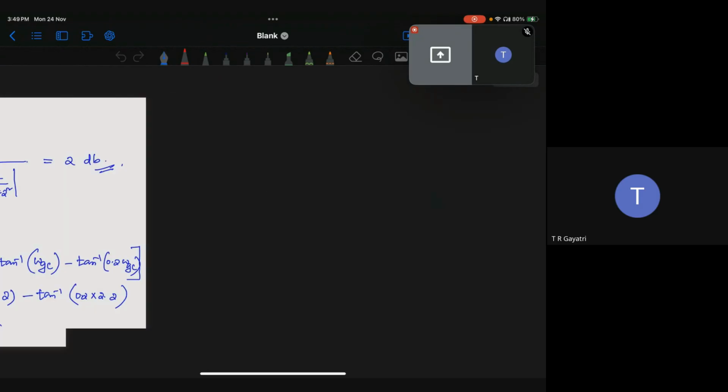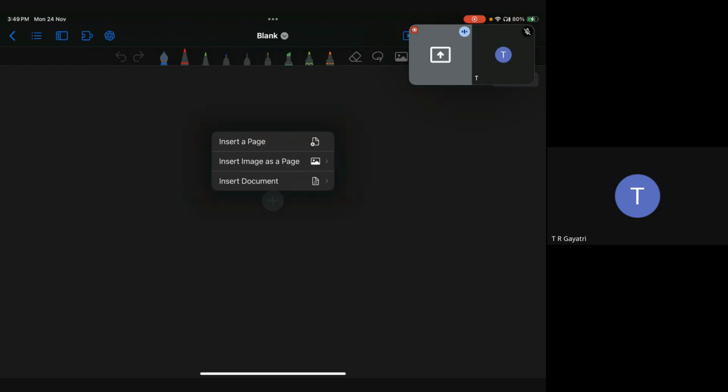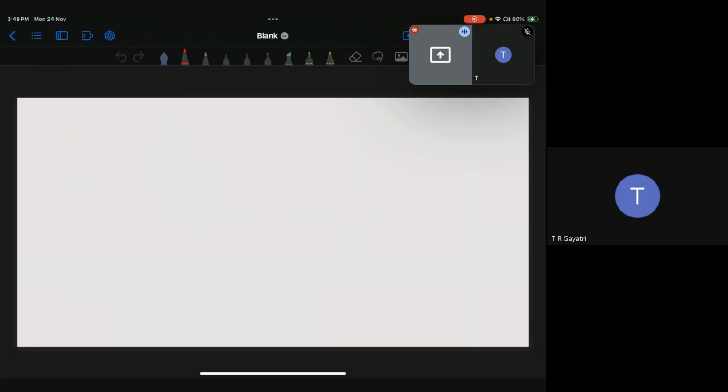So now here you could see the observations. First one here, the phase margin and gain margin. Both are positives.